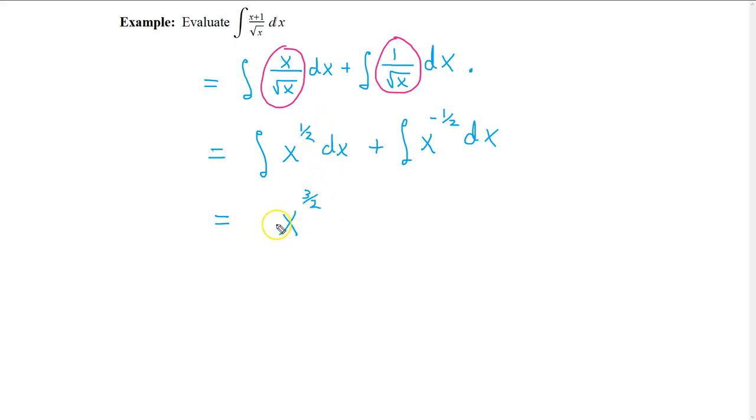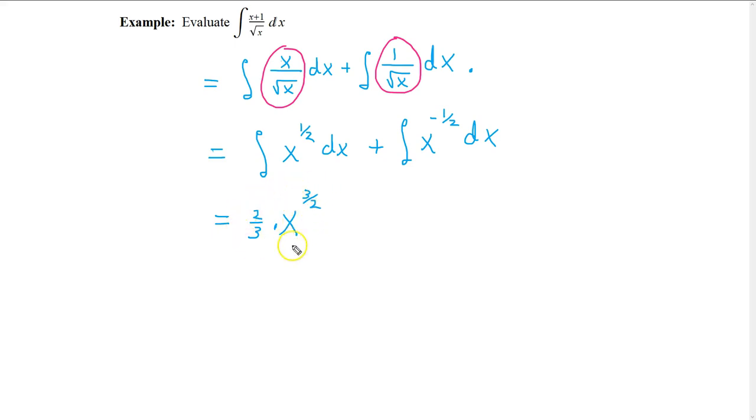Now, I want to multiply this by something so that, if we were to differentiate this, we would drop the 3/2 down and we would get 3/2 x to the 1/2. Now we don't have a 3/2 out here, so we have to multiply this by something so that when we drop the 3/2 down, it cancels. So we're going to multiply by 2/3.